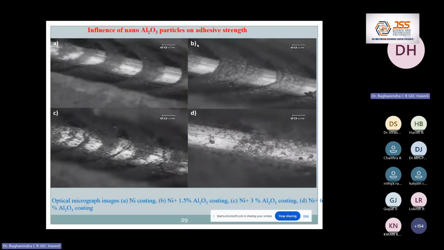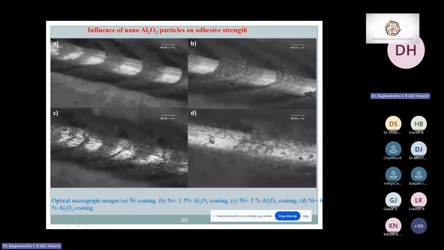In all the figures, the silver color, white, shining surface that we see is extensively the substrate material. We have coated on this substrate material, which is aluminum 6061. This silver color is completely the substrate material, and the gray color patches tell us the coating.